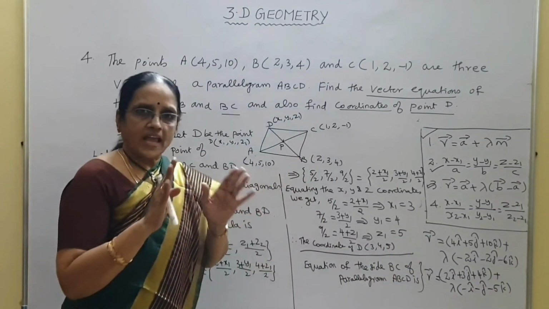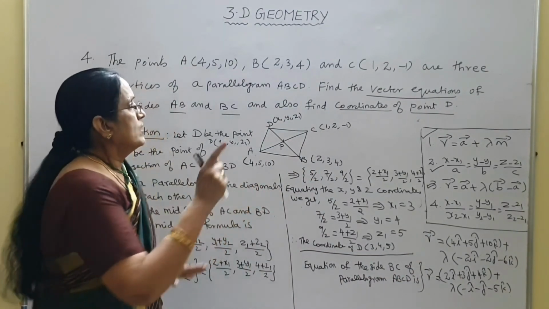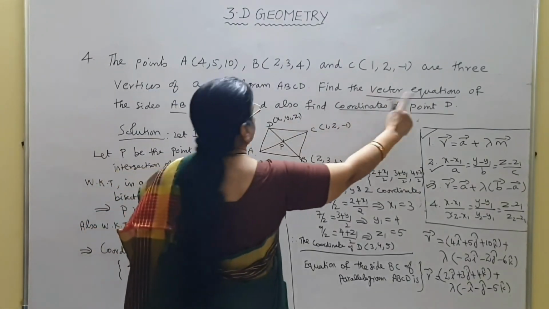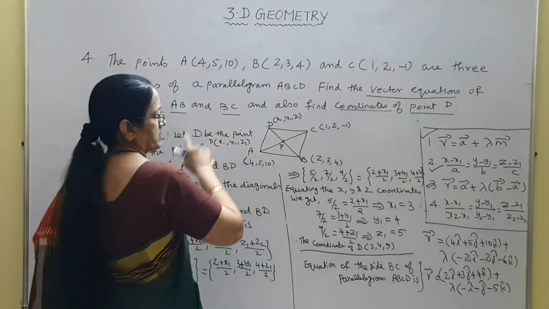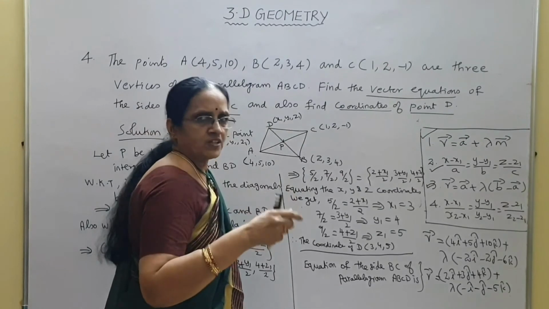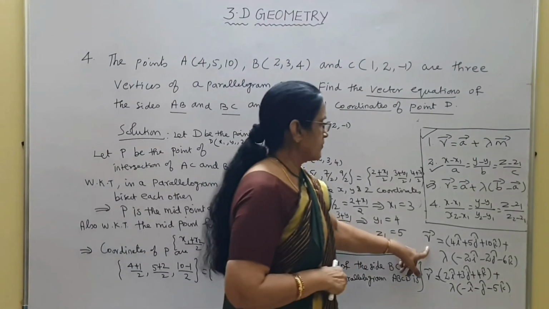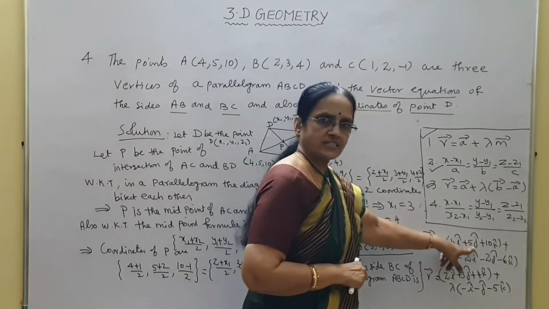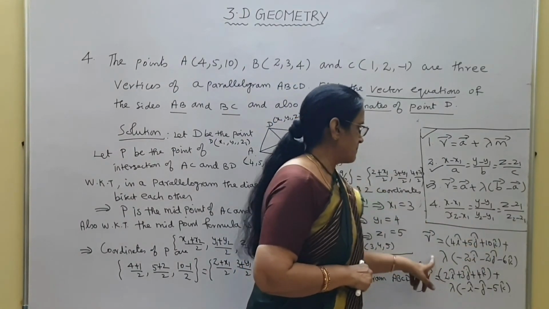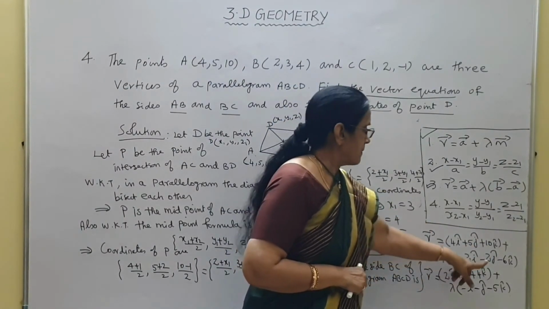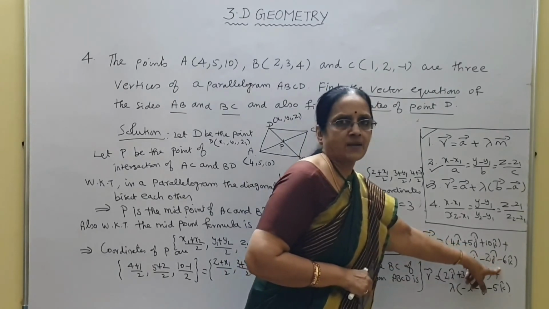So we have answered everything. The first one, you need to find the vector equations of the sides AB and BC. So you need to conclude the vector equation of the side AB of the parallelogram is r vector equal to 4i cap plus 5j cap plus 10k cap plus lambda times (minus 2i cap minus 2j cap minus 6k cap).